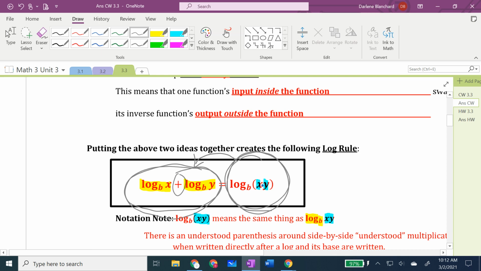We're going to gain more log rules as the week progresses. Today, we're focusing on just one log rule and getting used to what expand means. So what you're looking for is any multiplication inside that logarithm, you're going to separate into two separate logarithms.